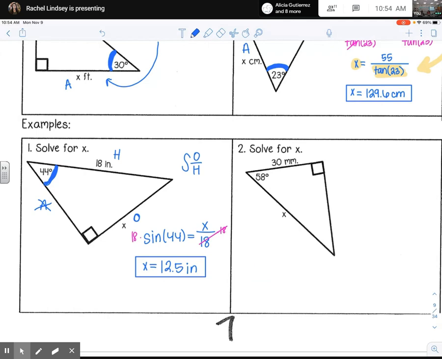Okay. Now number 2, we've got angle 58. X is our hypotenuse. 30 is adjacent, and then the blank side's opposite, but we don't need that.